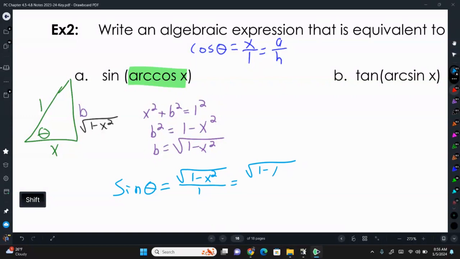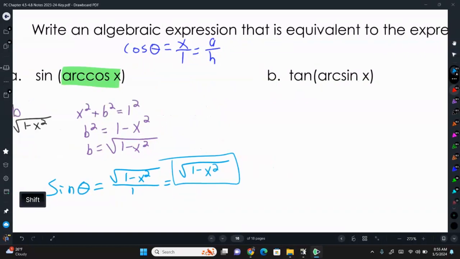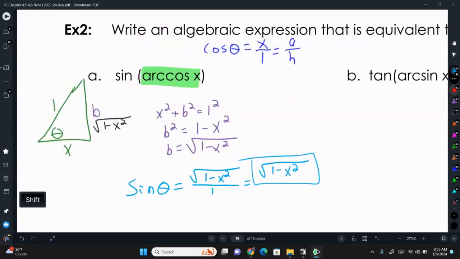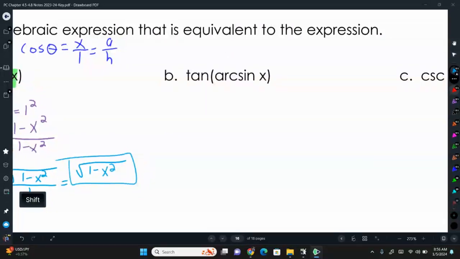So yeah, these problems, like I said, are going to have x in our answer. Then letter B, the tangent of the inverse sine of x. So it's going to look somewhat similar to this. So if we have our triangle, this time sine is x. So the sine of theta is equal to x over 1, which is the opposite over hypotenuse.